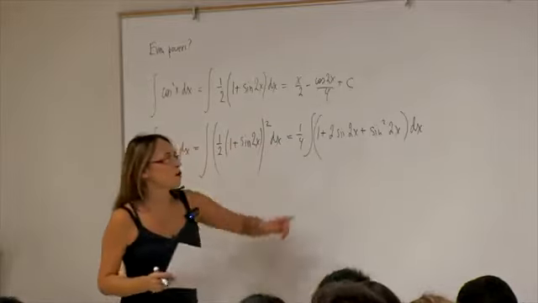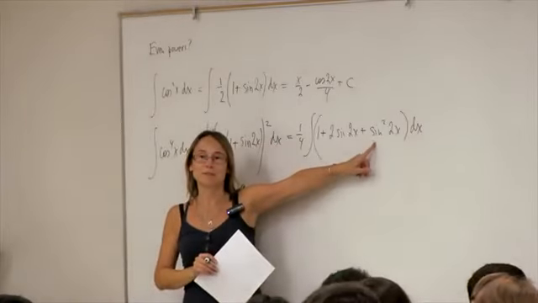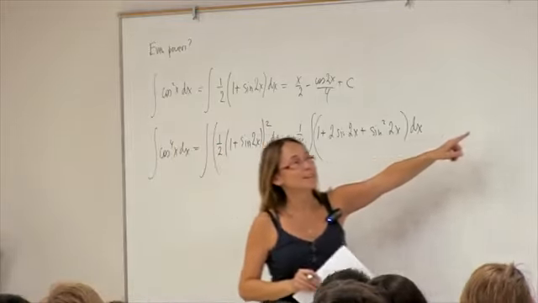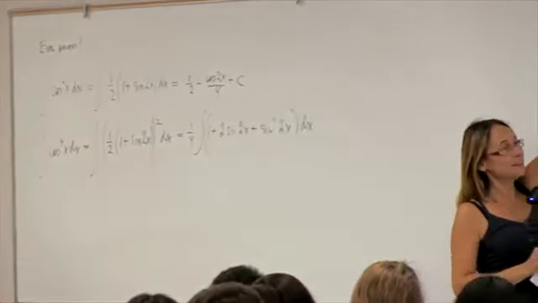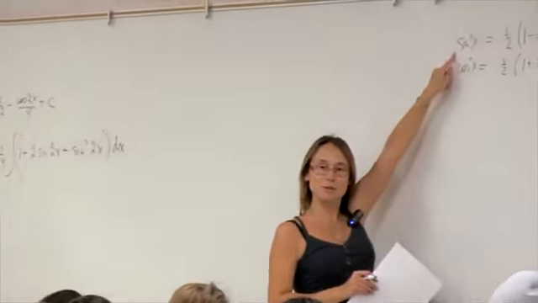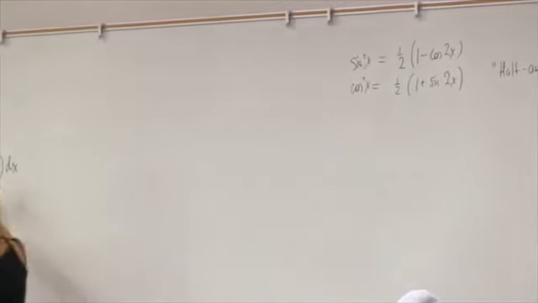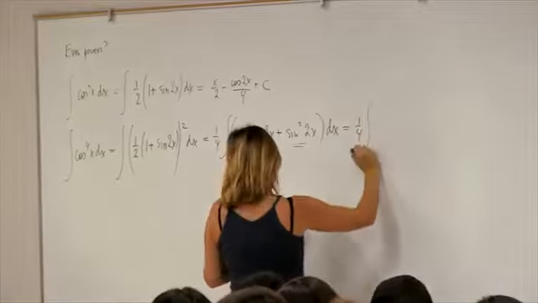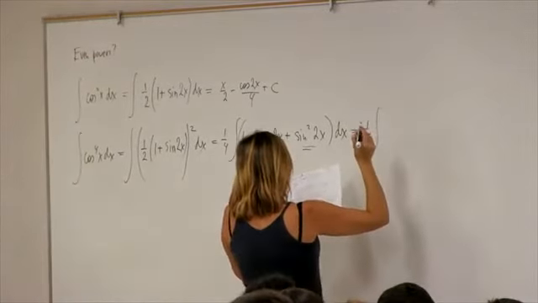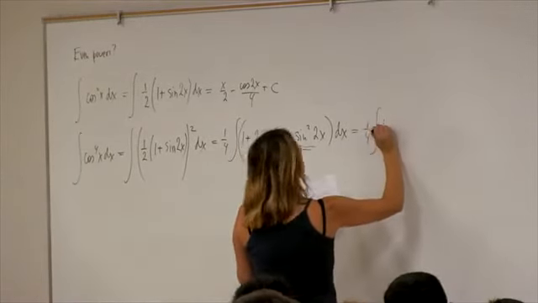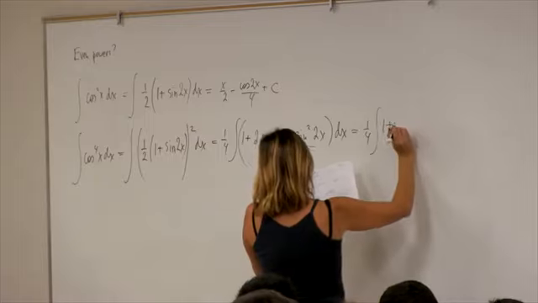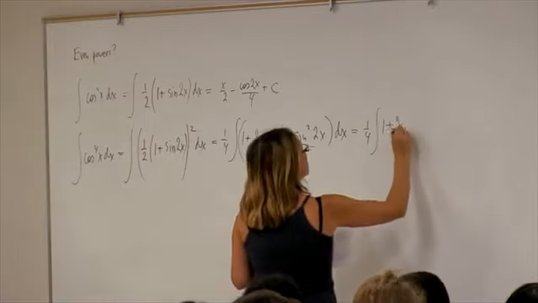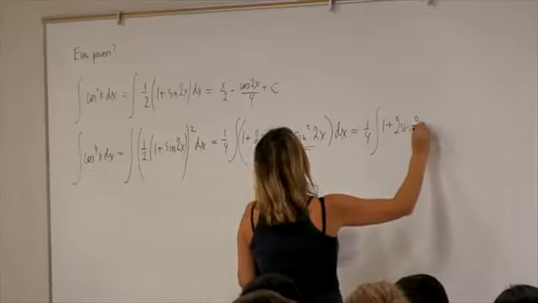And then I look at it, I say, oh, I have another square here, right? So what needs to be done? I go back and I have a half angle identity for the other one, for this one. So let's continue writing. I have 1 plus 2 sine 2x.